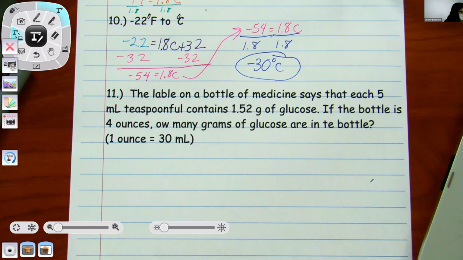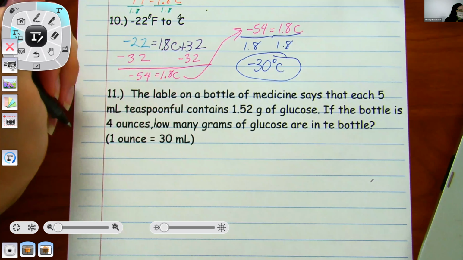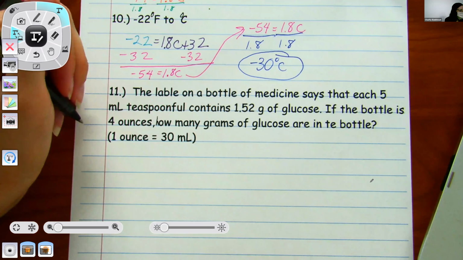Number 11 says the label on a bottle of medicine says that each 5 milliliter teaspoonful contains 1.52 grams of glucose. If the bottle is 4 ounces, how many grams of glucose are in the bottle? So the bottle is 4 ounces.